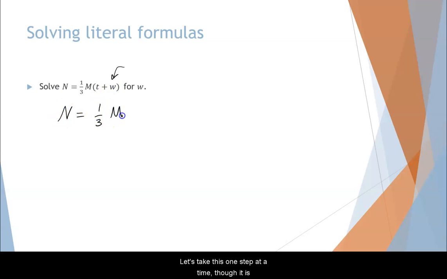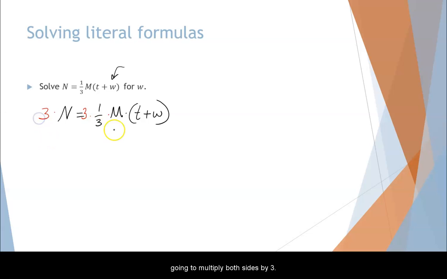Let's take this one step at a time, though it's possible to just take care of the 1/3 m in one fell swoop. If I'm first getting rid of the 1/3, I know that when I have a fraction multiplied in, to undo that, I can just multiply by the reciprocal. In other words, I'm going to multiply both sides by 3. 3 times 1/3 just becomes the number 1.